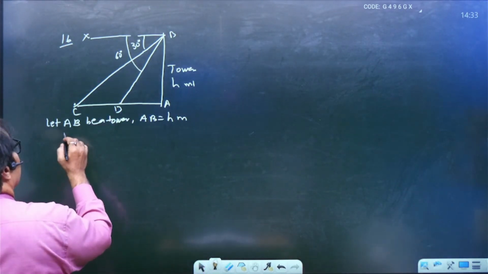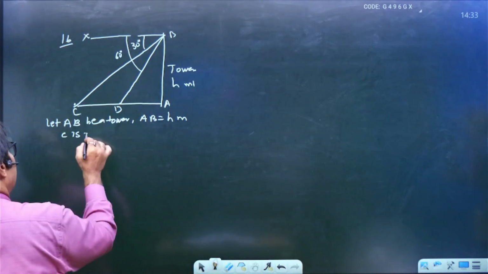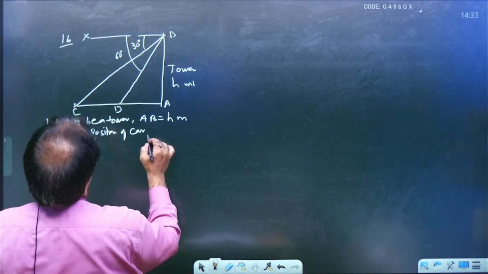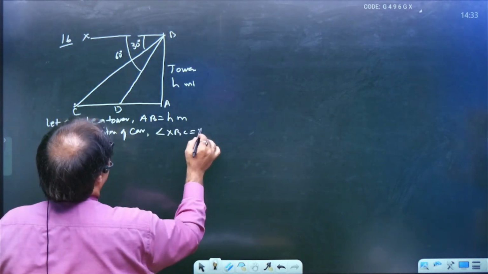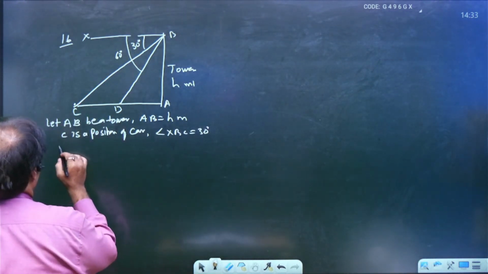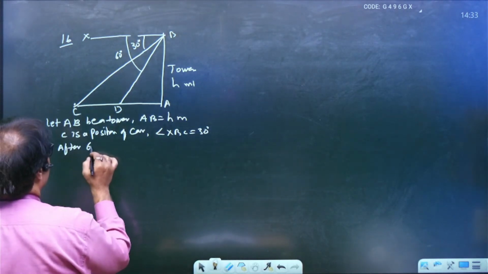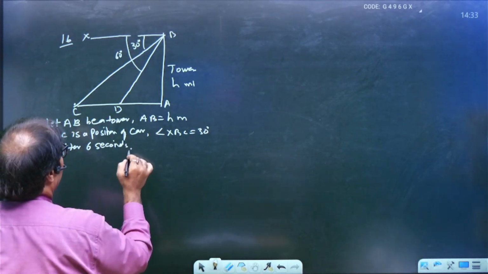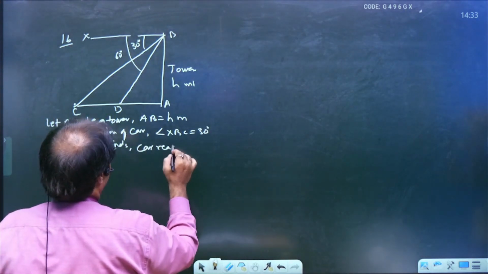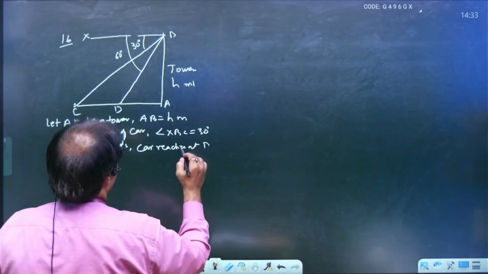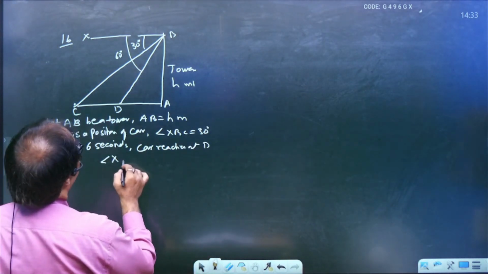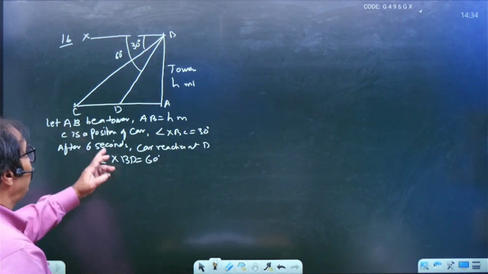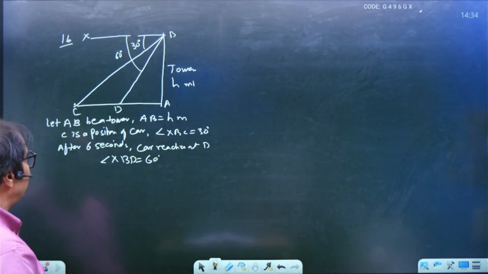And C is the position of the car, and angle XBC is equal to 30 degree, and after 6 seconds the car reaches D, and angle XBD is equal to 60 degree, right? Then we have to find the time taken by the car to reach A.